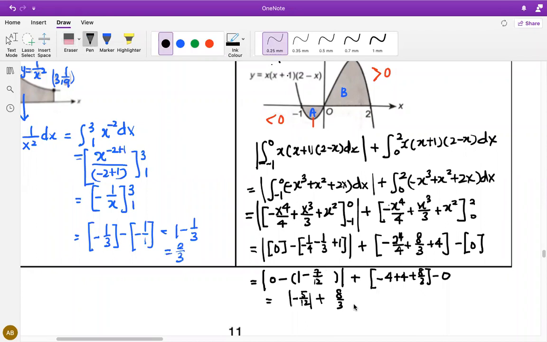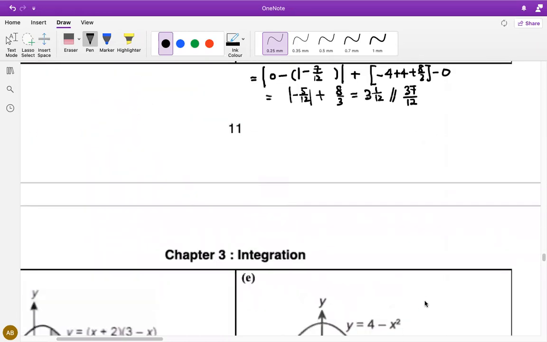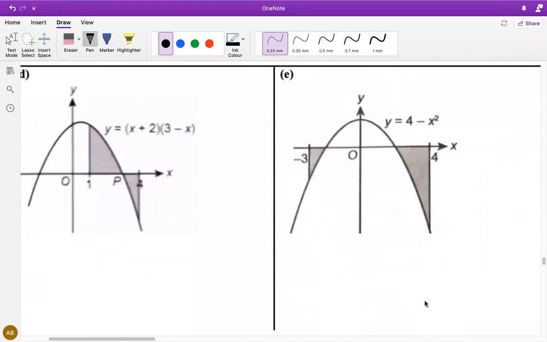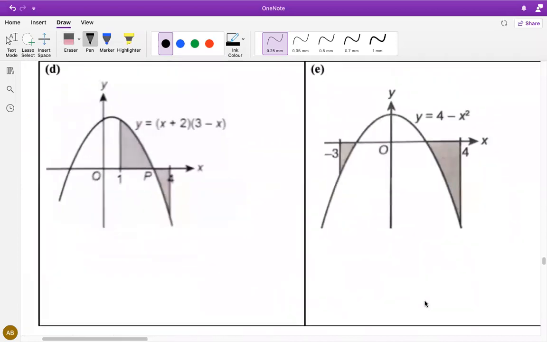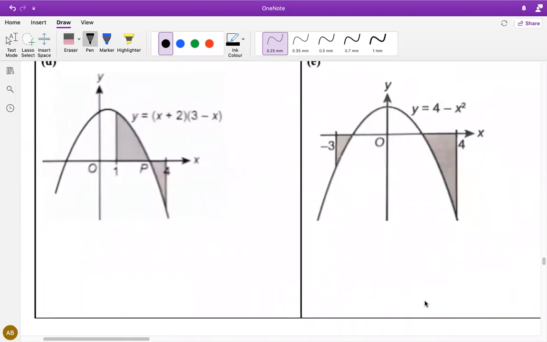At the end, you'll get your answer: 8 over 3 plus 5 over 12, which gives 3 and 1 over 12, or 37 over 12. So this is C. You can try D and E by yourself.